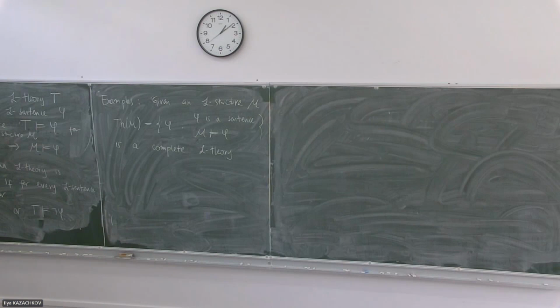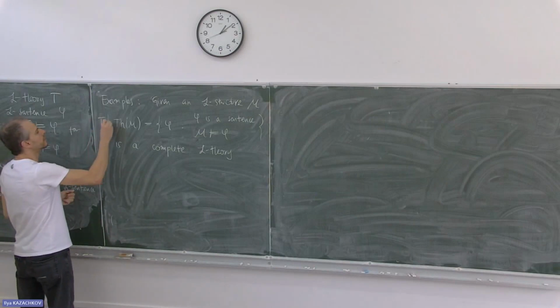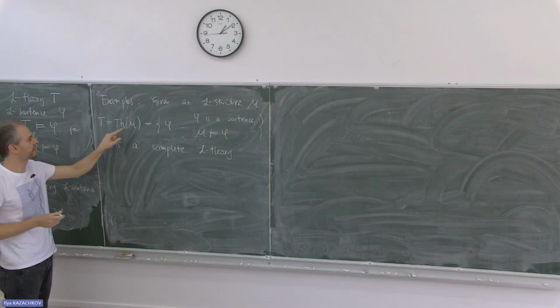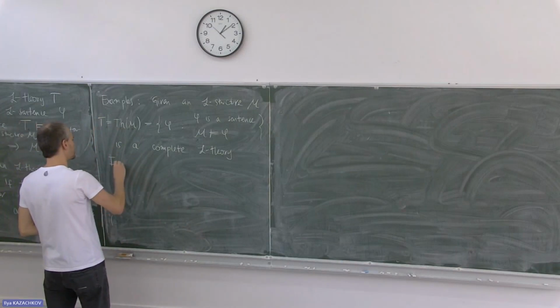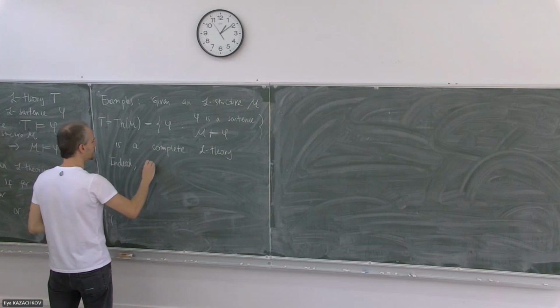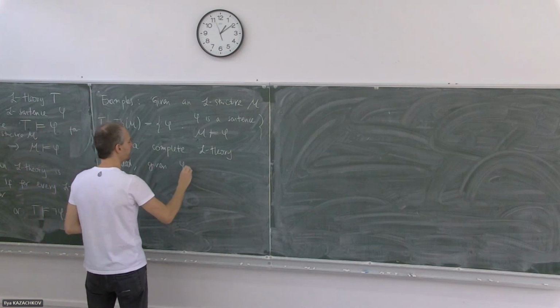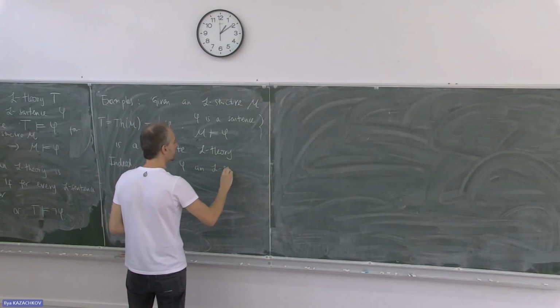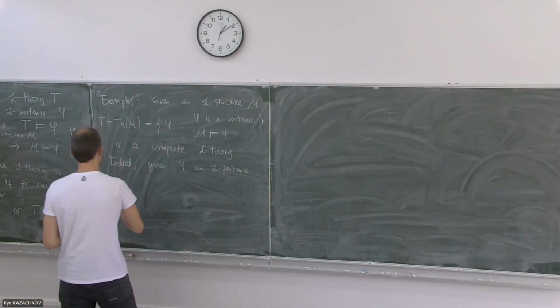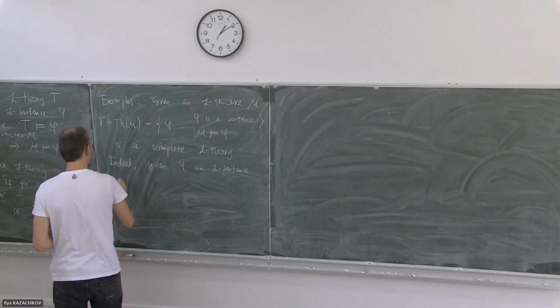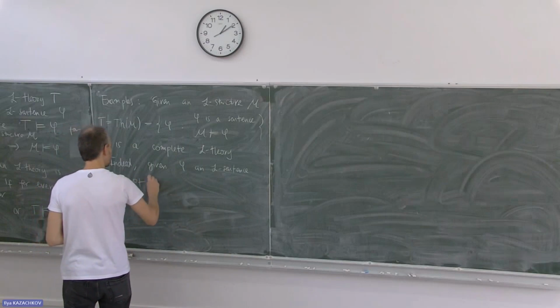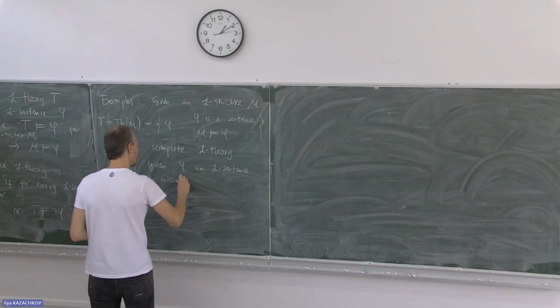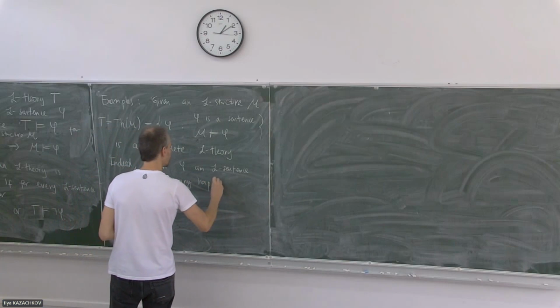If I take T to be this set, which I'm defining as the theory of M, then T has to be complete. Indeed, given phi an L-sentence, one of the following happens.